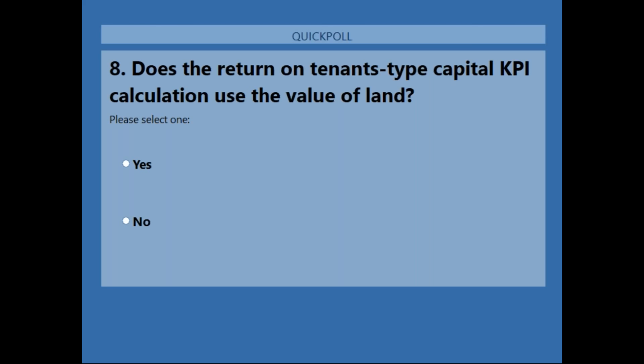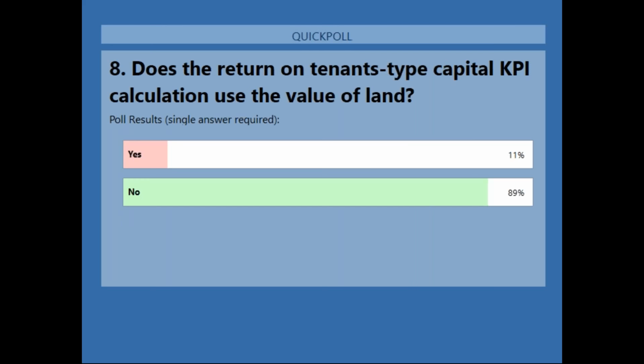So think about what is tenant type assets. You're a tenant, what do you own? So the majority are right. The value of land isn't included because a full tenant wouldn't have that land as an asset.